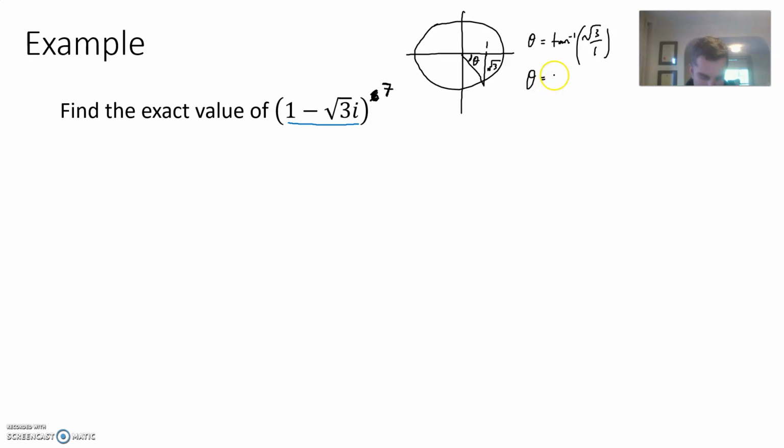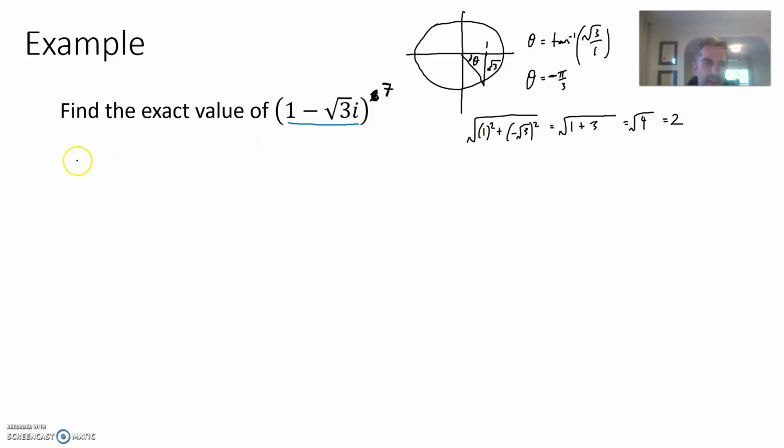You would then get pi over 3, but because we've gone backwards around the unit circle, it's going to have to be a negative pi over 3. And then to get our modulus, we would do the square root of 1 squared plus negative root 3 squared. That's going to give us the square root of 1 plus 3, which is root 4, which is 2.